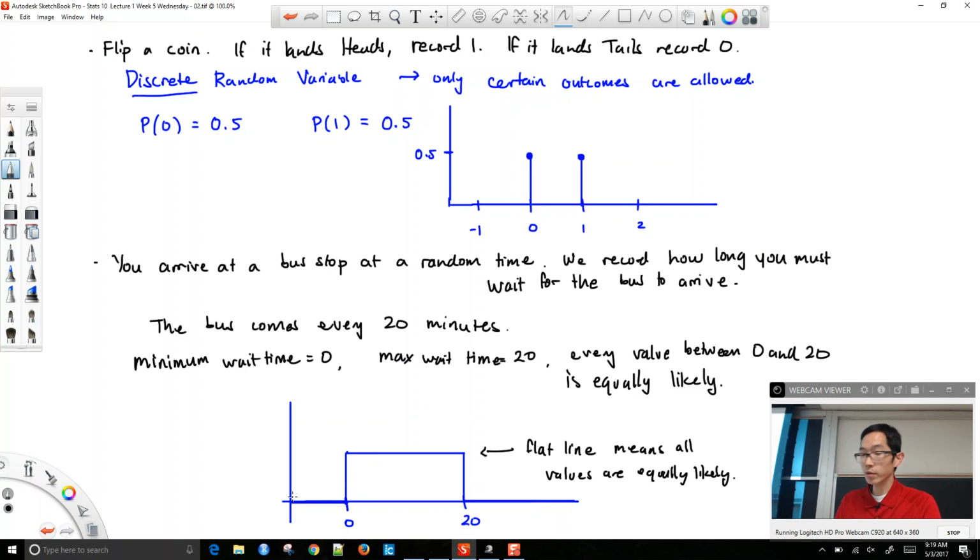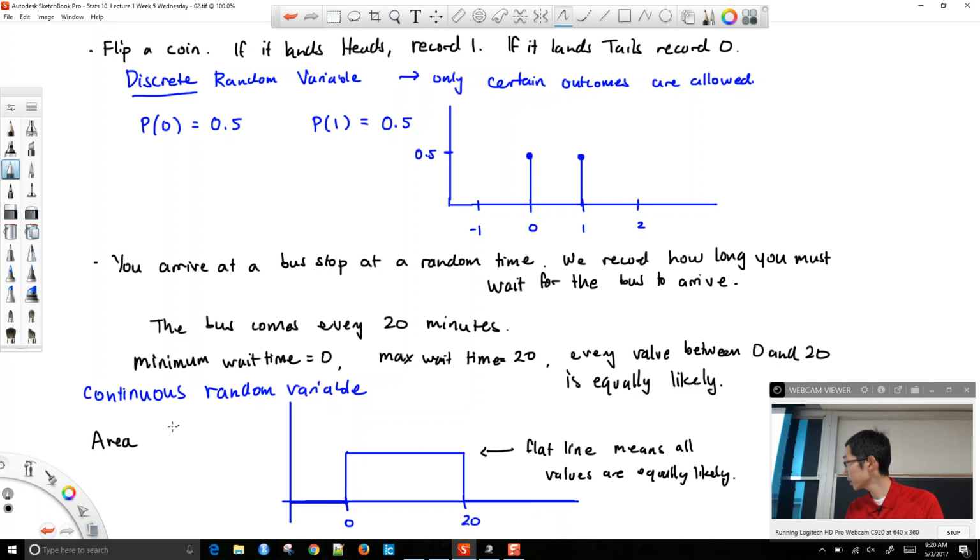And one thing to note for continuous variables, okay, when we have a continuous random variable, which is what we have over here, is that if we shaded the entire region underneath the probability distribution, or we might call it a probability density, if we shade this entire area, the entire area always equals 1, okay?